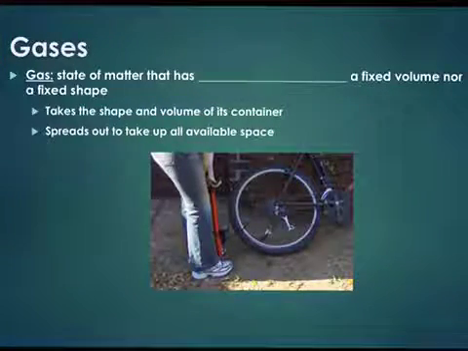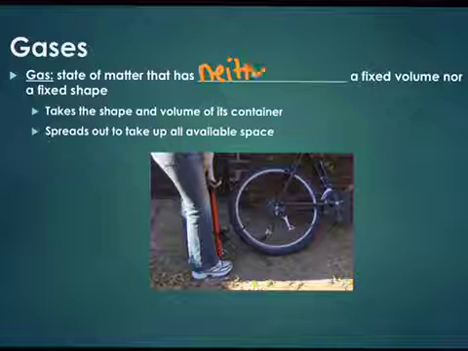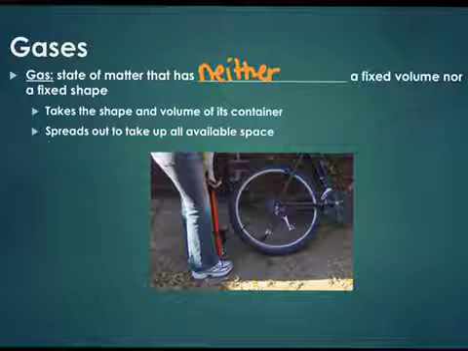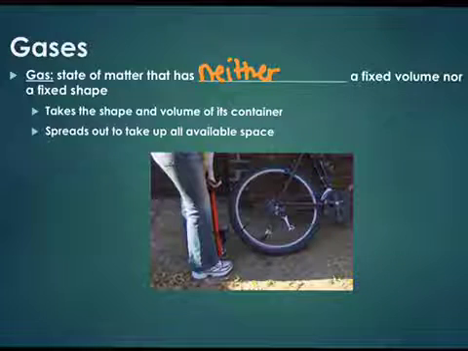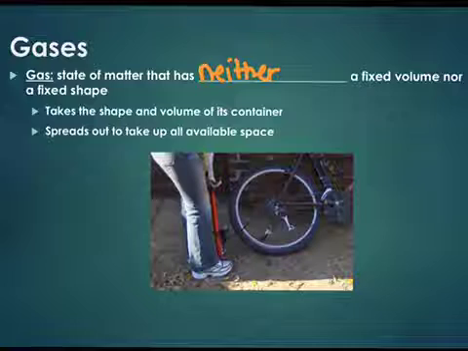Our next state of matter is gases, and this state of matter has neither a fixed volume nor a fixed shape. Both the volume and shape are dependent on the container, and the gases will spread out to take up all of the available space.